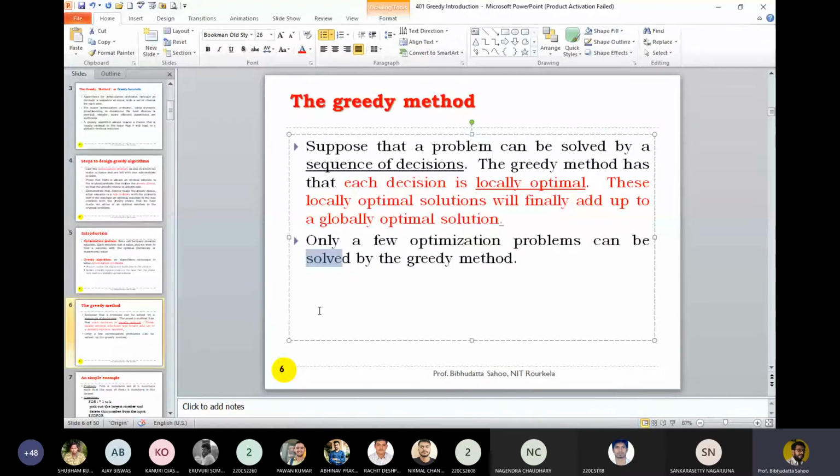So we can say the spanning tree problem is solved using the greedy method, but the 0-1 knapsack problem is not solved using the greedy method, because I am not going to find the optimal solution to a 0-1 knapsack problem using greedy.